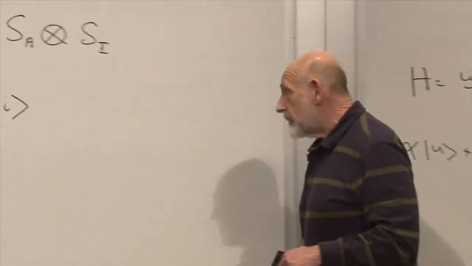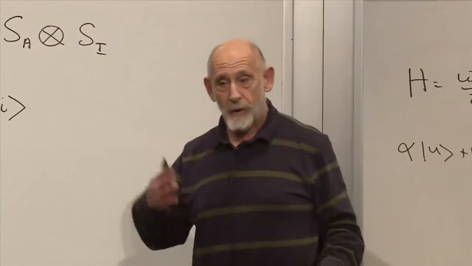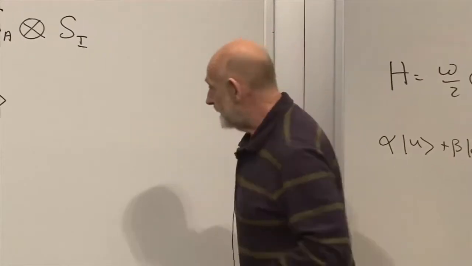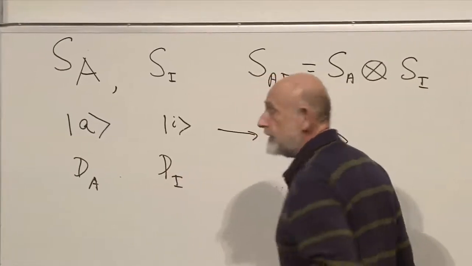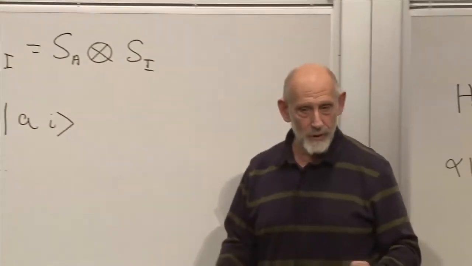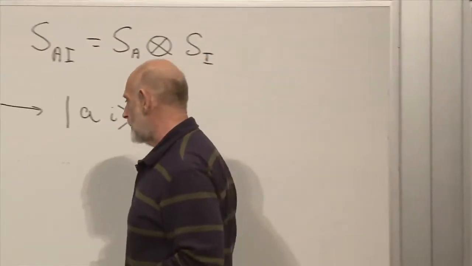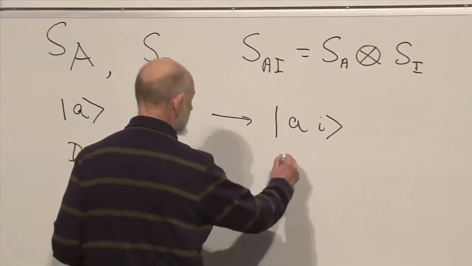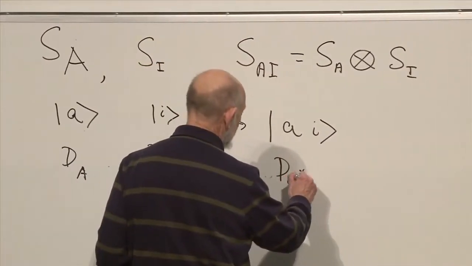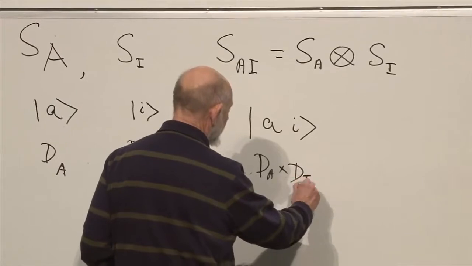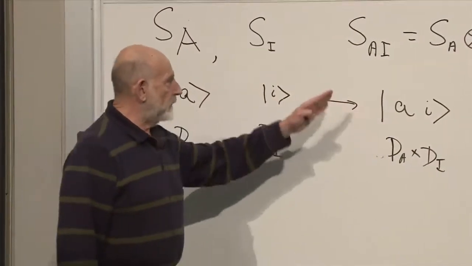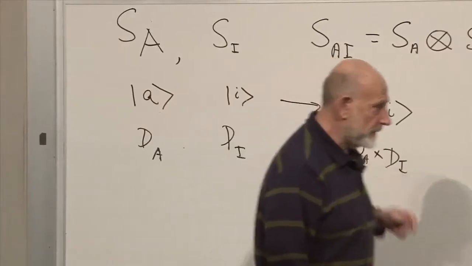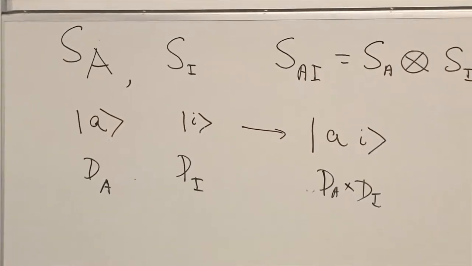You get to pick one from A and one from I, like in the Chinese restaurant. One from A and one from I. Okay? And how many are there all together? dA times dI. That's why it's called a product, because the dimensionality is a product. So this is dA times dI in dimensionality. These are the basis states for the tensor product. Okay? They're labeled with two indices.